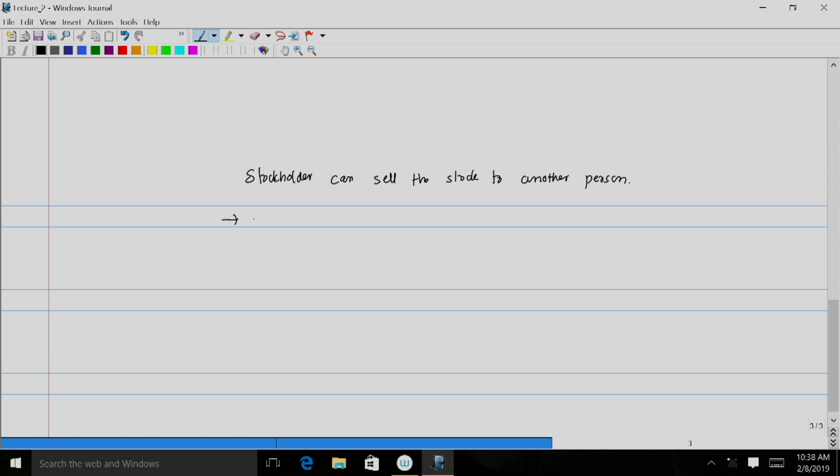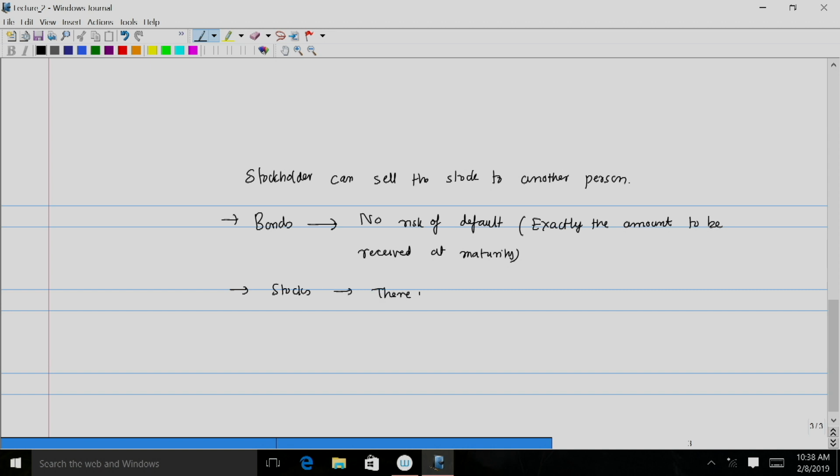Now, in case of bonds, what we had was that there is no risk of default, okay? And when there is no risk of default, for example government bonds, then we know exactly the amount to be received at maturity. However, in case of stocks, there is no such possibility.